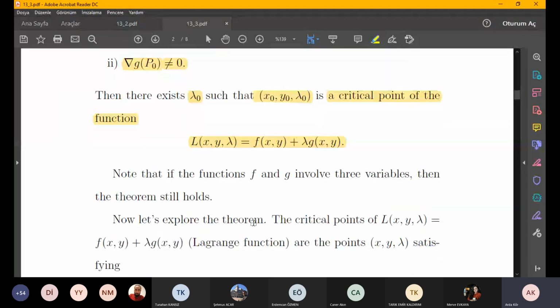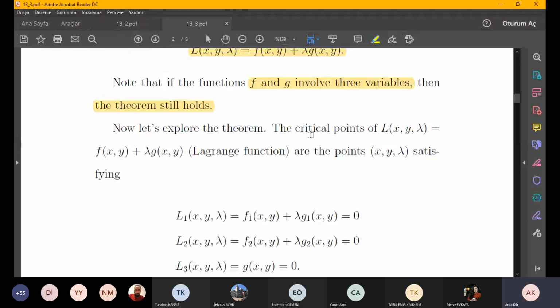Note that if the functions f and g involve three variables, rather than the two variables we have here, the theorem still holds.